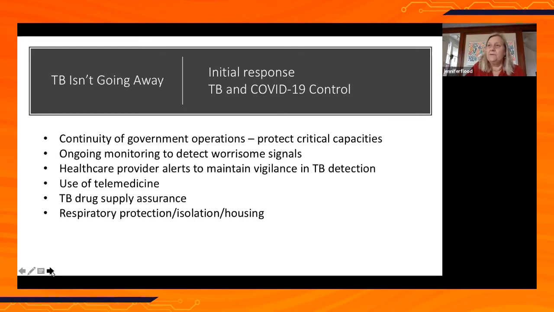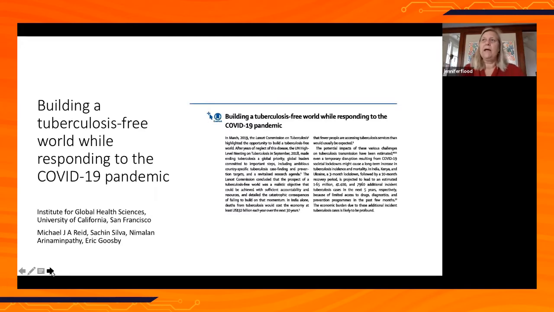And this is sometimes really hard in the midst of an emergency, in the midst of a pandemic. So these are some of the steps that we're trying to undertake and safeguard in order to have fewer people die from TB while the pandemic is occurring or even waning. So looking forward to kind of building a TB-free world while we're responding to the COVID-19 pandemic.